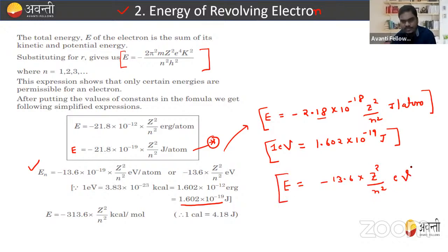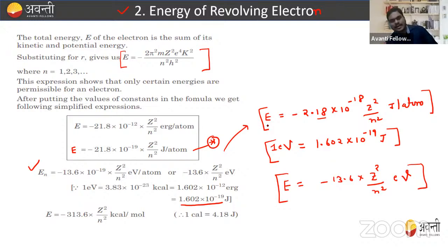Just remember this, beta. In case of radius, radius is directly proportional to the principal quantum number, but energy is inversely proportional to the principal quantum number. It means as the number of shells is increasing, the energy starts decreasing.